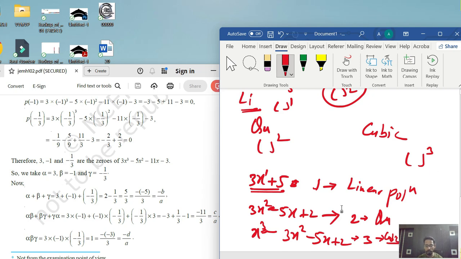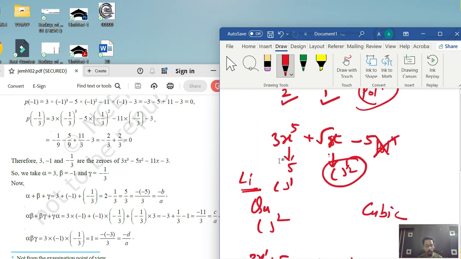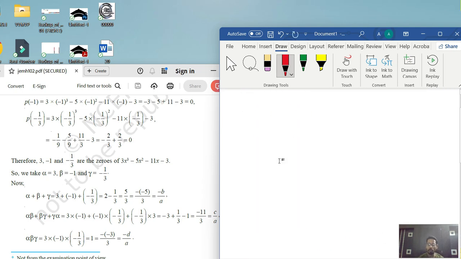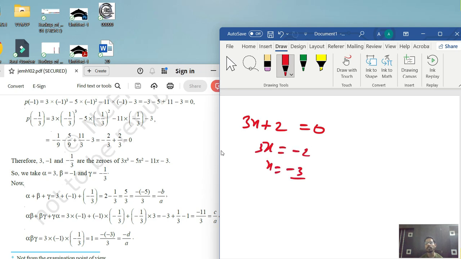Now we are going to discuss how many solutions will be there of the polynomial. So if the polynomial is like 3x plus 2, solution means zero. Zero means you will have to put it equal to 0. So if you put equal to 0, you will get 3x equal to minus 2 and x equal to minus 2 by 3.